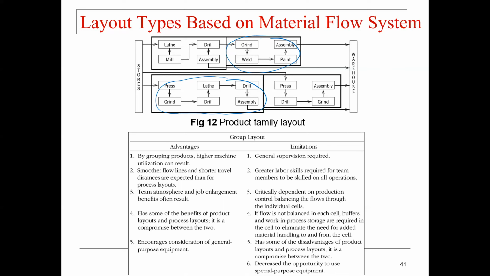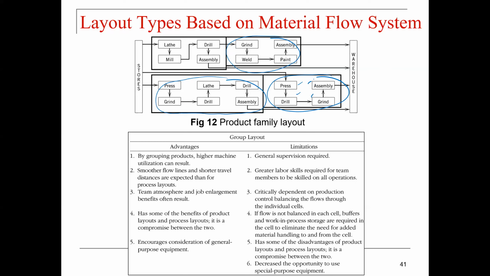Some of the limitations include that general supervision is required. Greater labor skills are required for team members to be skilled on all operations. So if you are part of this cell or this cell, you are required to know how to operate all these machines and also to perform the assembly.